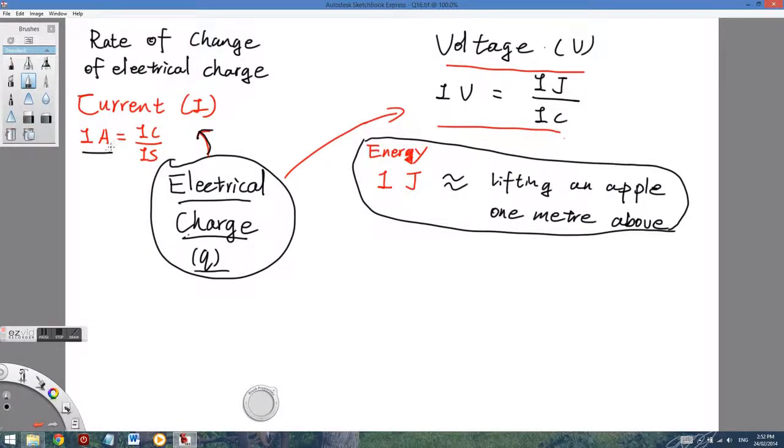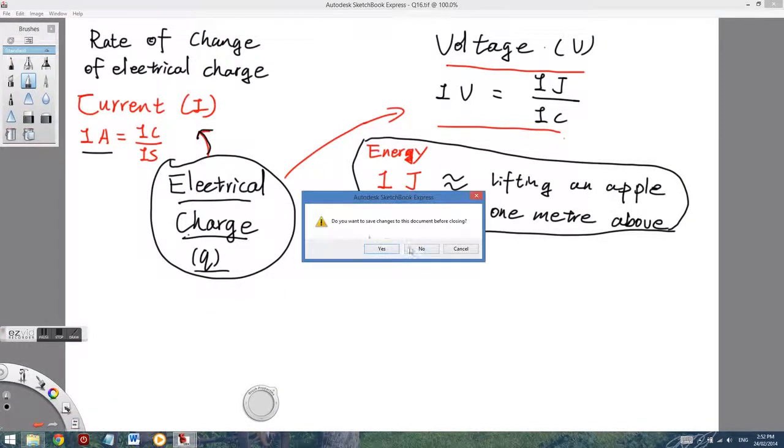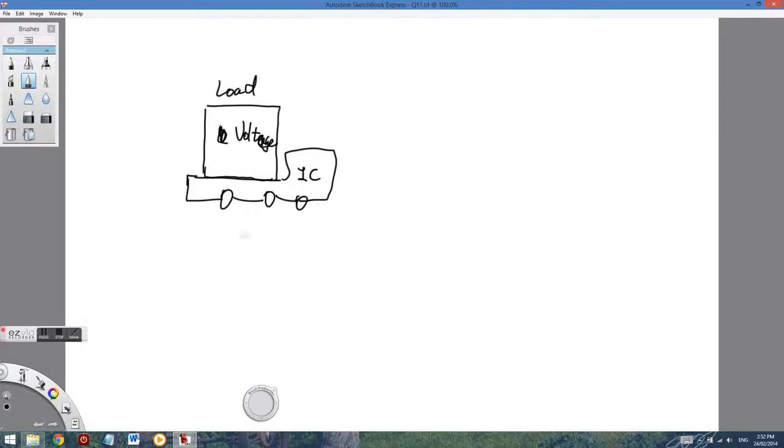Current is basically the rate of change of electrical charge. Just imagine charge as those trucks.